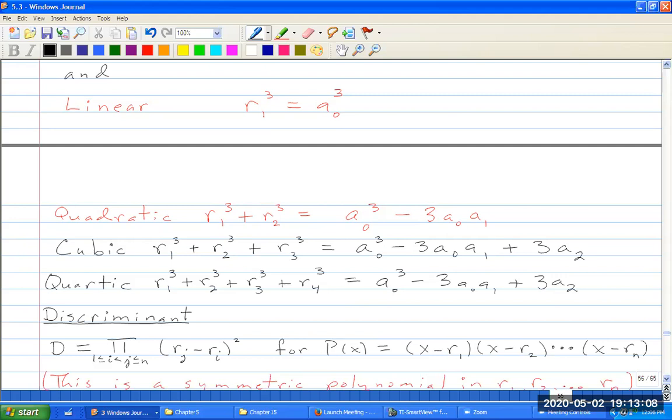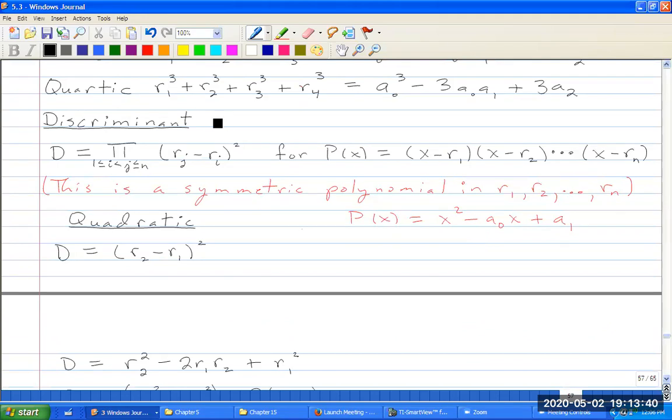Again, so long as you get rid of the polynomials of degree less than 3. So notice that you can always write these power sums as some relationship in the coefficients of your polynomial.